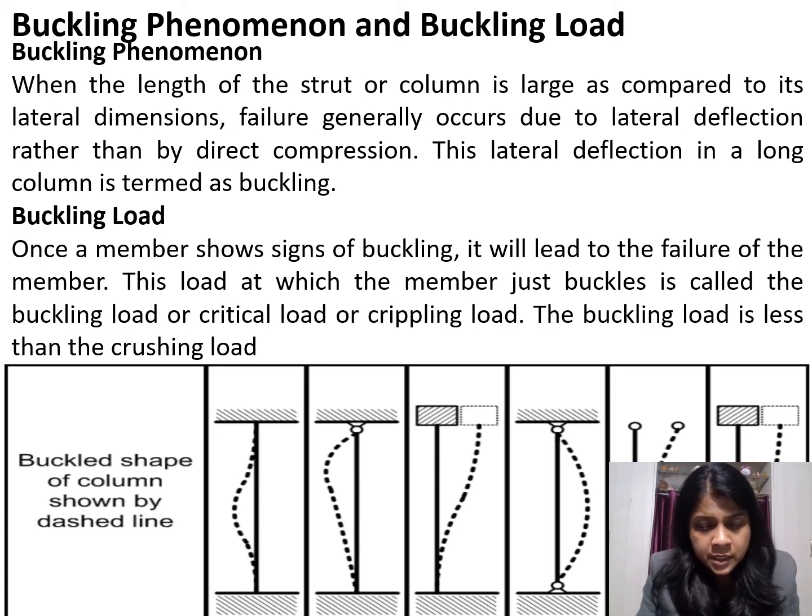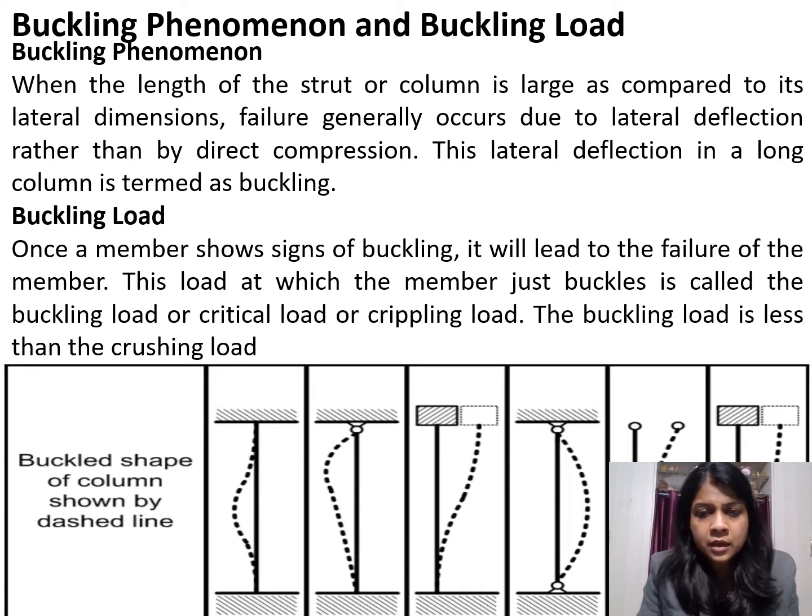So in this case the bending has fully occurred at the top, and in the bottom part due to the fixed support the bending is very negligible, and the shape of this kind of column will be like this.